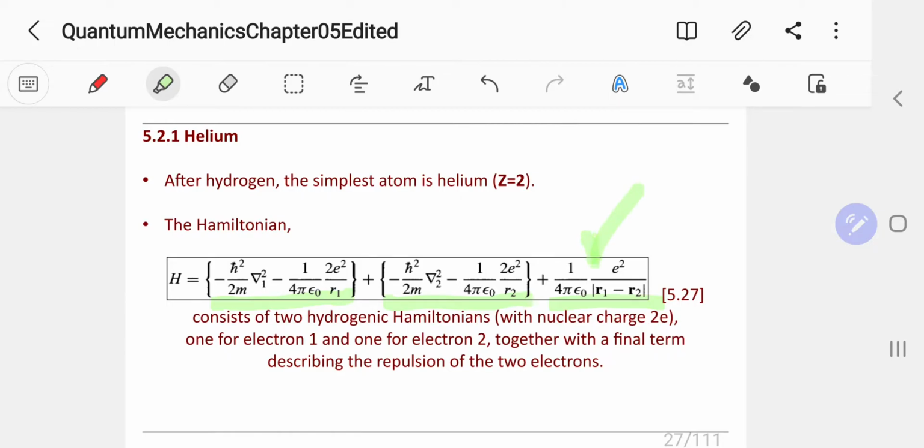This one is the repulsion of the 2 electrons. This one is the attraction of the first electron to the nucleus, and the attraction of the second electron to the nucleus. Then the kinetic energy of the first electron and the kinetic energy of the second electron. So as you have more and more electrons revolving around the atom, you have a more and more complicated Hamiltonian.